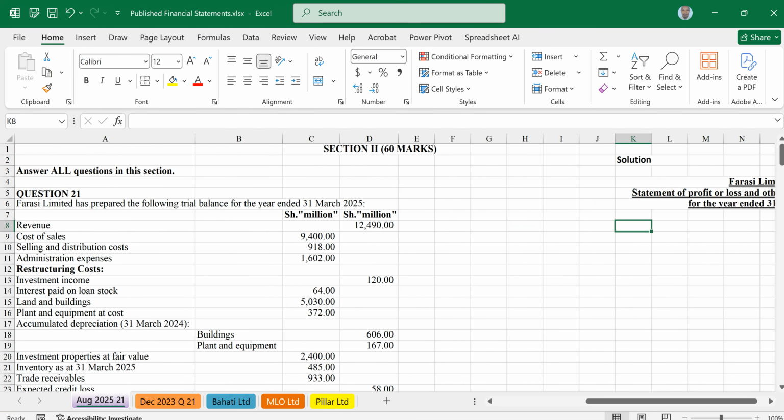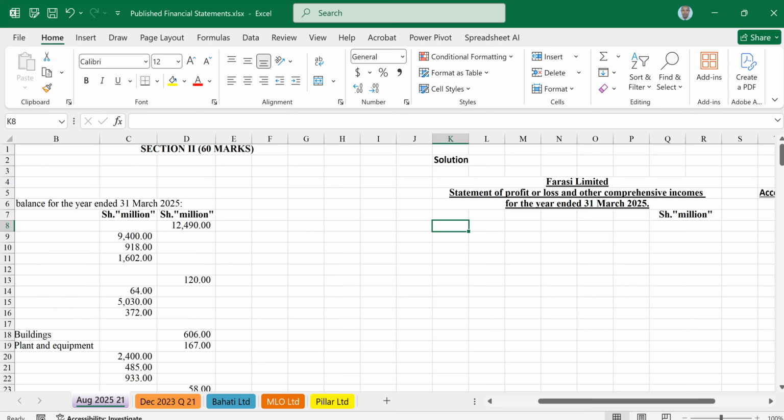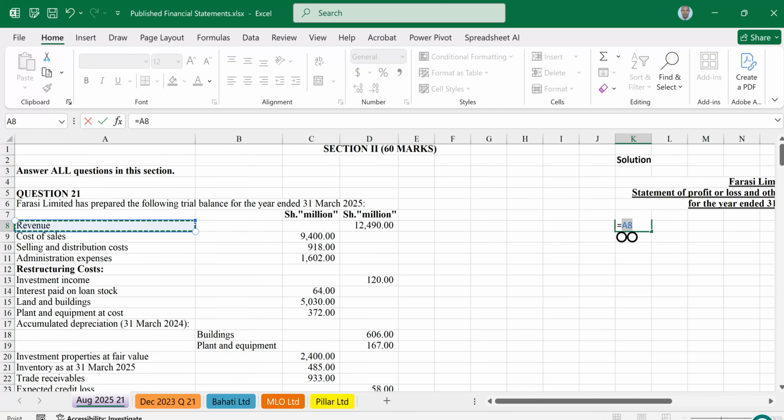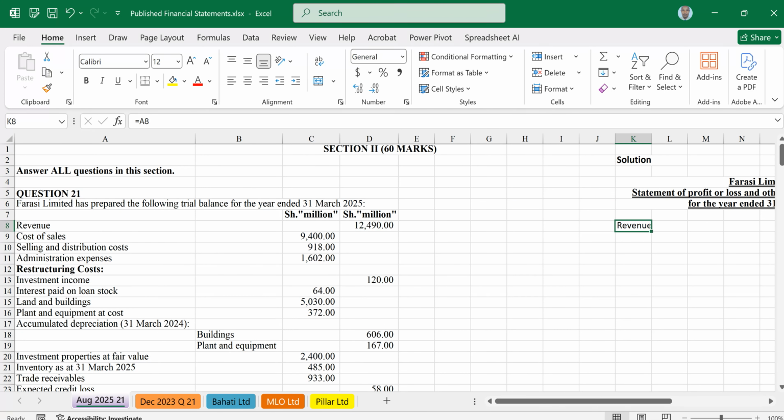Now the first item on the statement of profit or loss is revenue. So bring in revenue. You can just do equal sign, then pick revenue on the other side. We have revenue on the other side and enter. So that is revenue. Or just write revenue, why not?